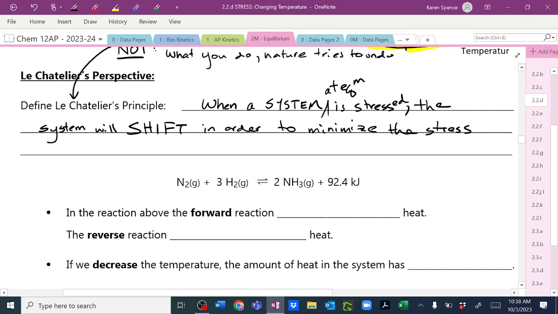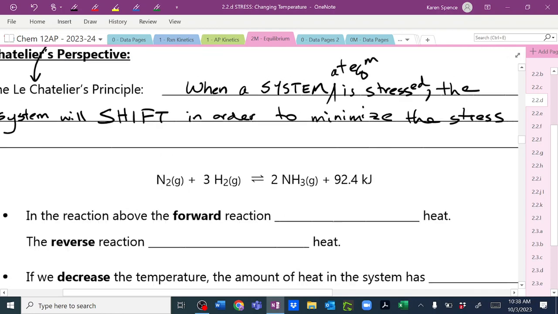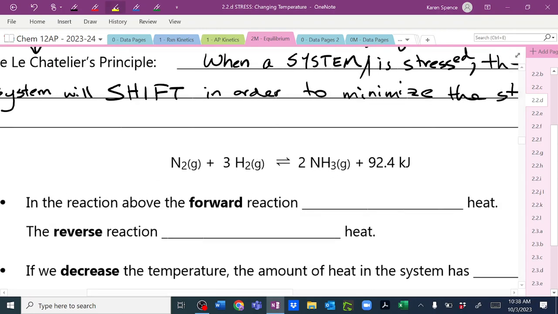All right, so we're going to look at Le Chatelier's explanation of shifting in response to temperature changes. In the reaction above, the forward reaction does what with heat? Releases. The reverse reaction absorbs.